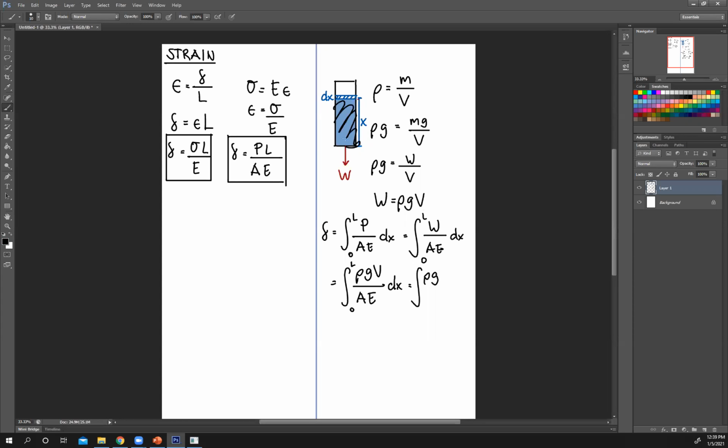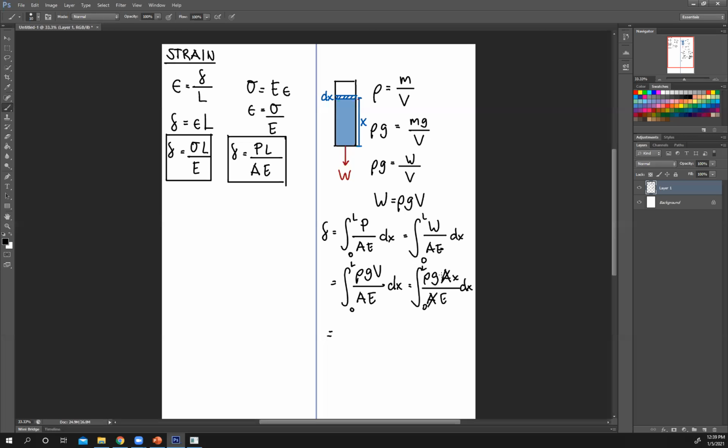Volume now is the volume of this portion, which is just the cross-sectional area of this rod times its height, so A dx, times 1 over AE, dx from 0 to L. And as you can see, A cancels out. You're left with the integral of rho g x over E dx.